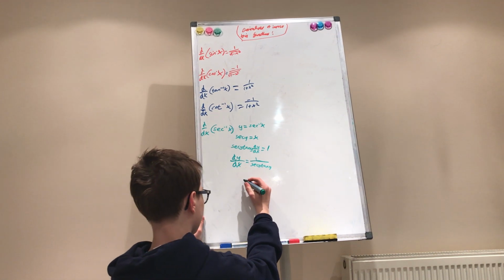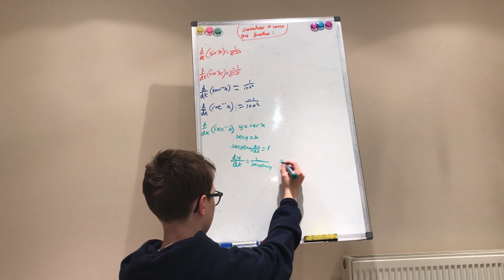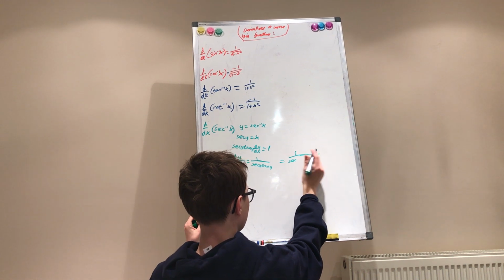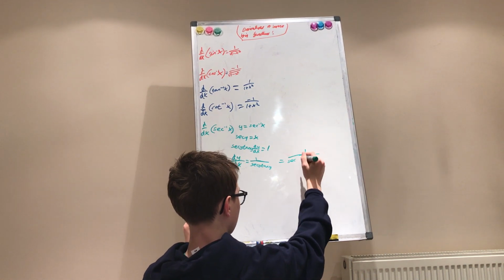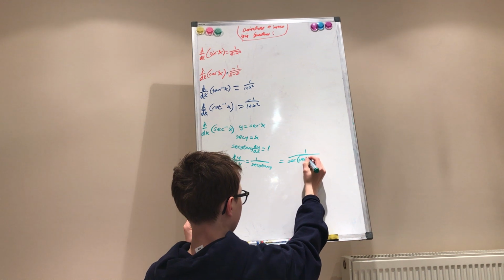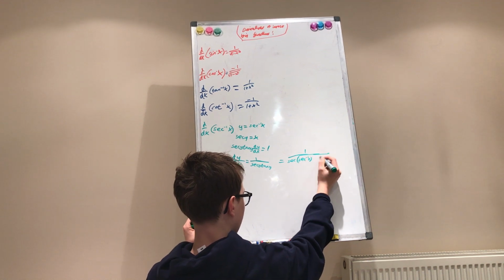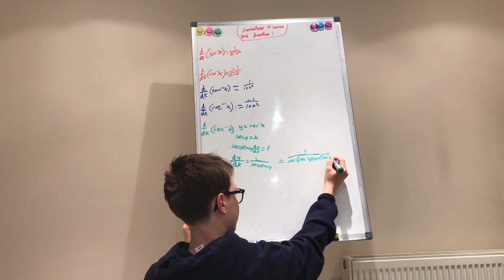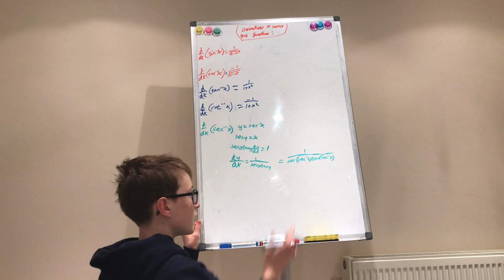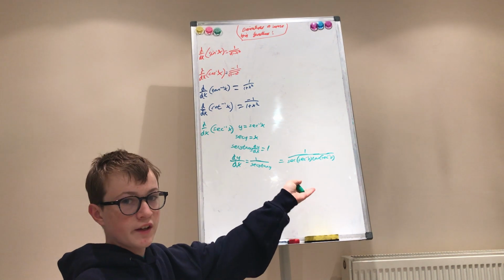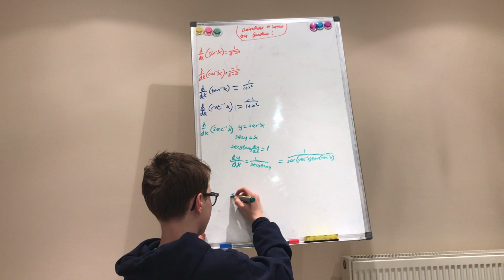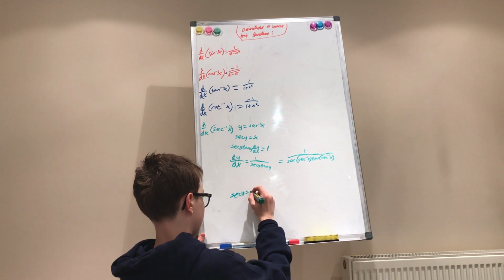When we plug in y, this equals 1 over secant of inverse secant of x times tangent of inverse secant of x. Okay? So this is easy. Secant of inverse secant of x is just x, which means that secant of y equals x.